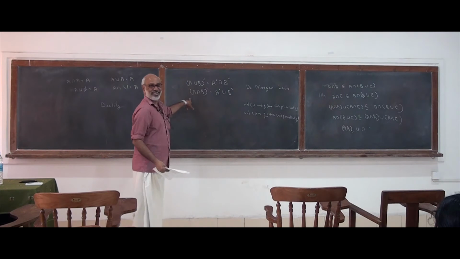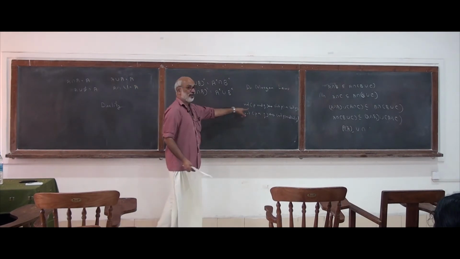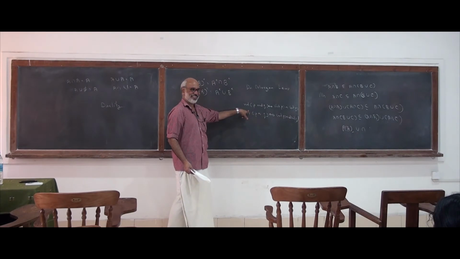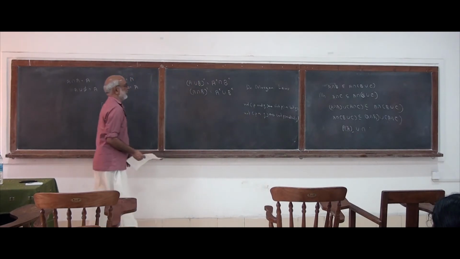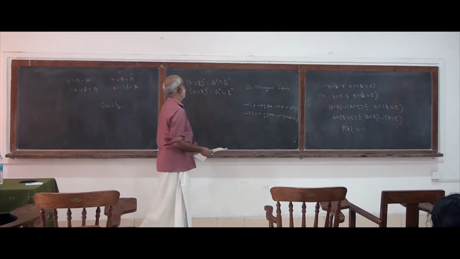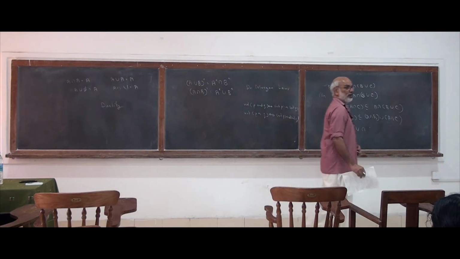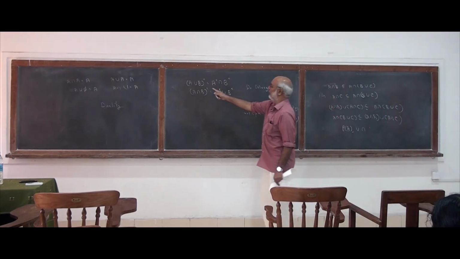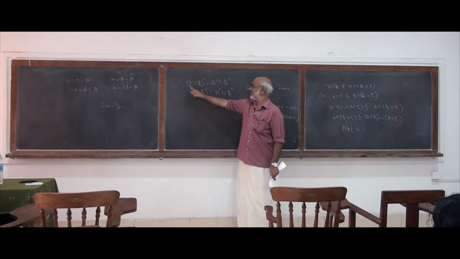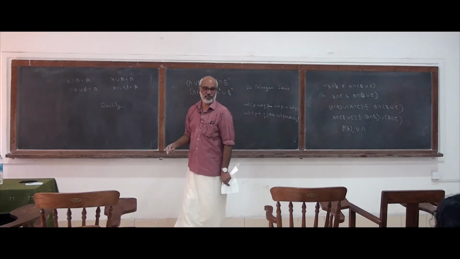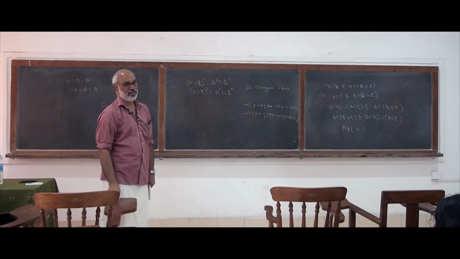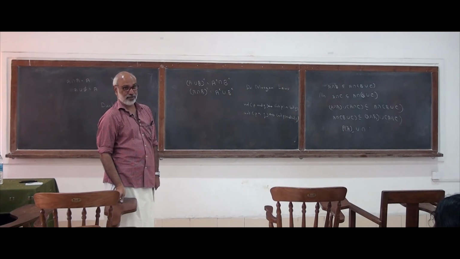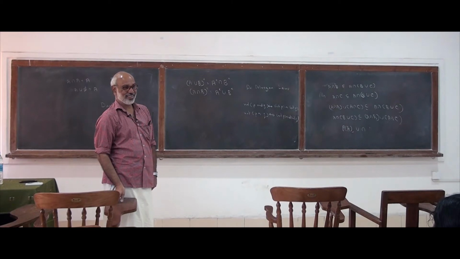Actually, these two results can be obtained as a consequence of this. The complement of A union B is nothing but, what is it? X is an element of the complement of A union B means X is not in A union B. And X is not in A union B means X is not in A and X is not in B. That means X is in A complement and X is in B complement.